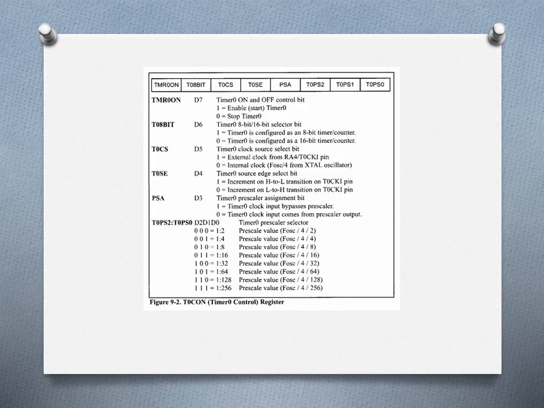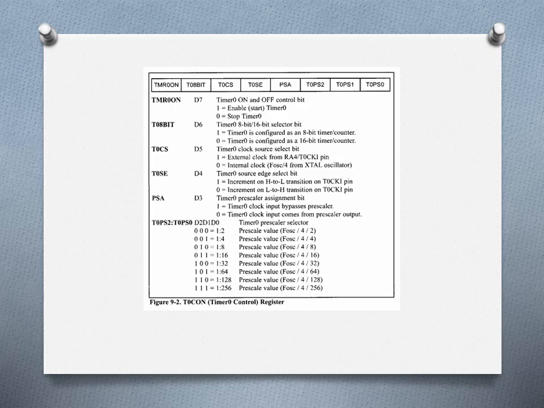In the case of Timer 0, Port A's 4th pin will be used as the clock source if this bit is set to 1. If the bit is set to 0, it is used as a timer, where the crystal frequency gets divided by 4. Then there is the Timer 0 source edge select bit.